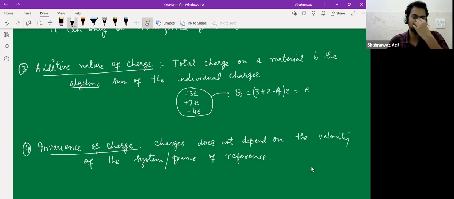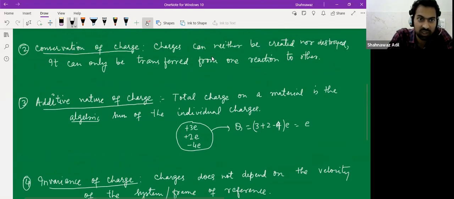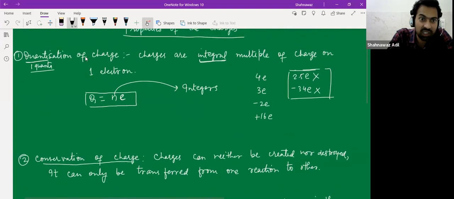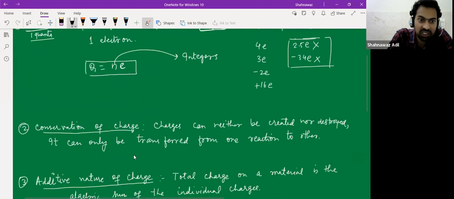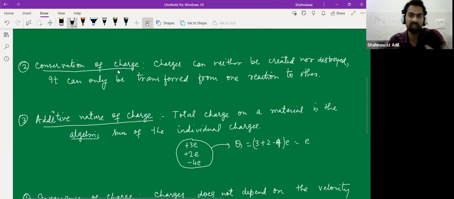So these are the 4 important properties of charges. First, the charges are always quantized. Second is the conservation of charges: in a reaction, charges can never be created out of nowhere. You can't create a 1 coulomb charge. It can transfer from one reaction to another, but it can never be created out of nowhere.